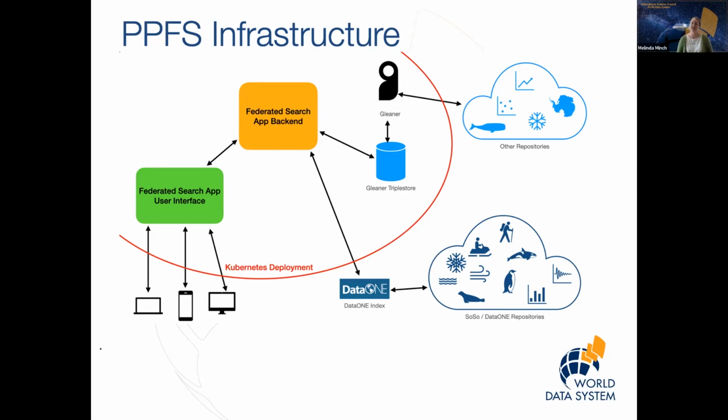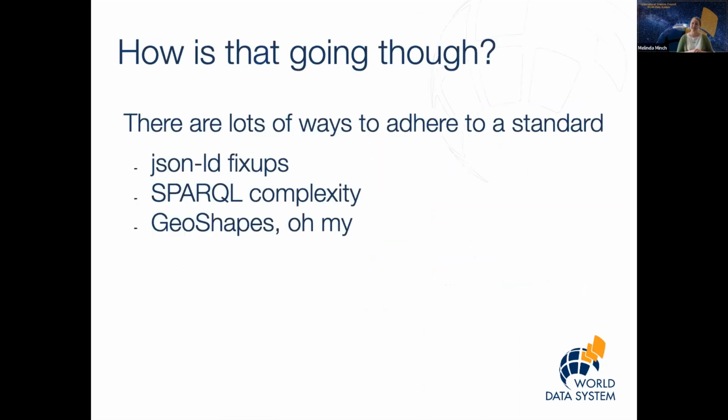So part of this work involves getting people to mark up their data sets with schema.org metadata, specifically the polar community. And it's, you know, like I built a thing, how is it going? So it turns out there's a lot of different ways to adhere to a standard.